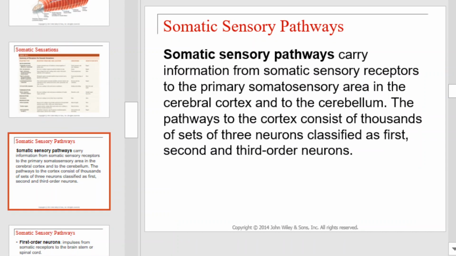Somatic sensory pathways carry information from somatic sensory receptors to the primary somatosensory area in the cerebral cortex and to the cerebellum. The pathways to the cortex consist of thousands of sets of 3 neurons classified as first, second, and third order neurons.